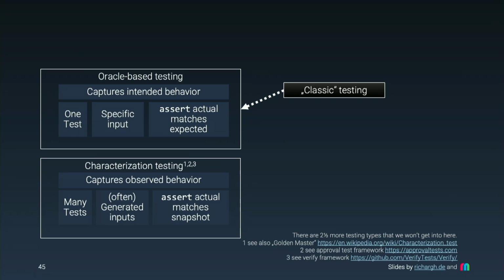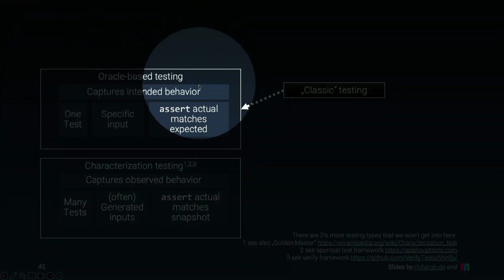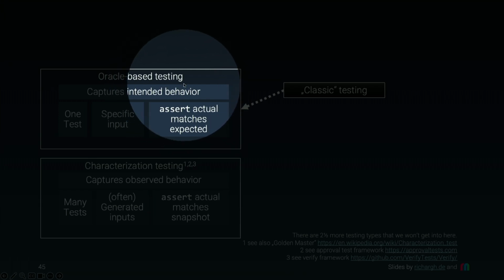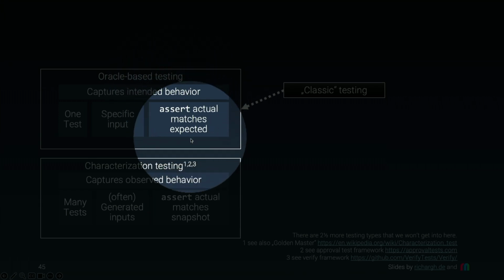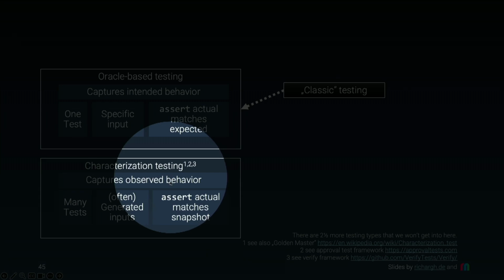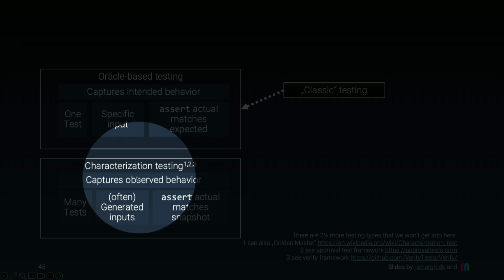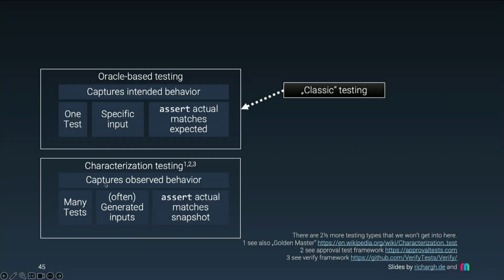And usually, you're trying to capture some form of intended behavior. But if you don't know what the intended behavior is and you just capture observed behavior, you do characterization testing, you don't really know what the domain reason is. That's a problem, because if you want to change this and you don't know what the reason is for this behavior, am I allowed to change this? I don't know.